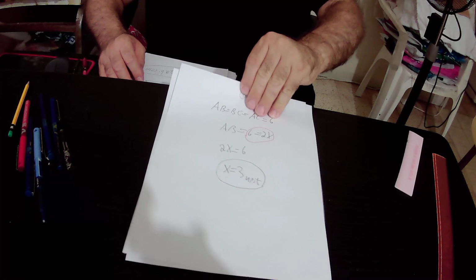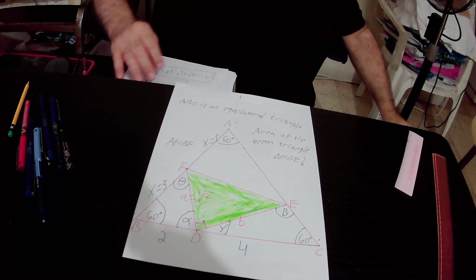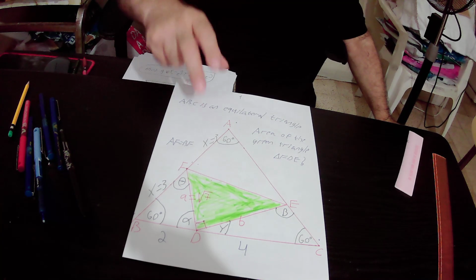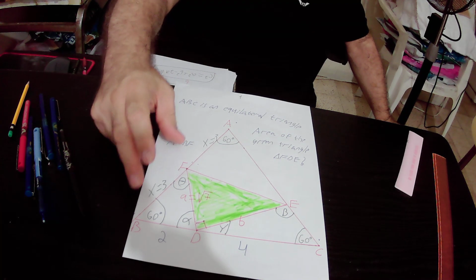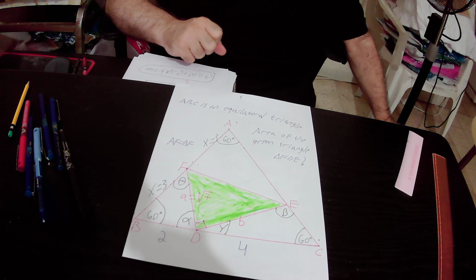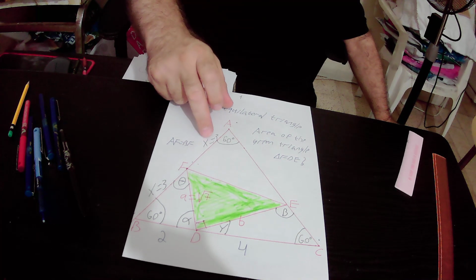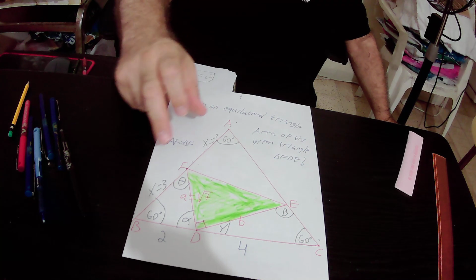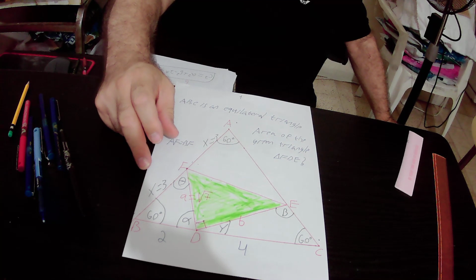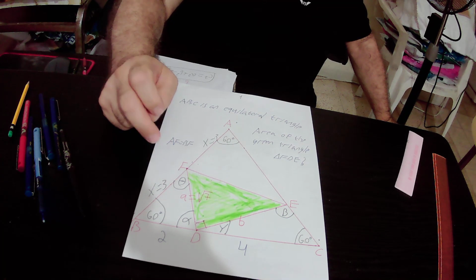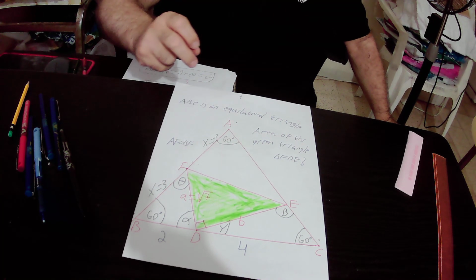But we also know that AF equals BF. It is given in the question. So if we define AF as X, then BF also will be X, because AF equals BF.